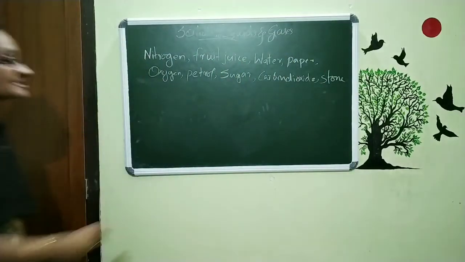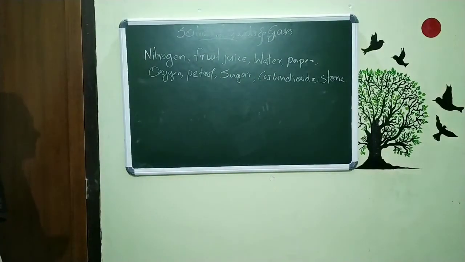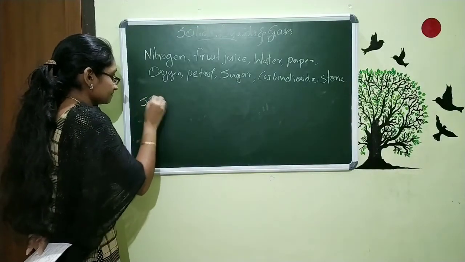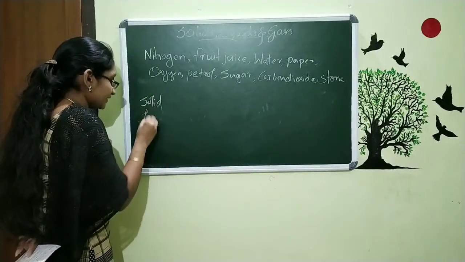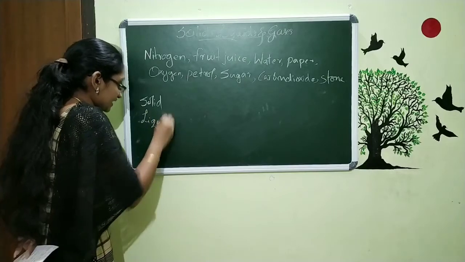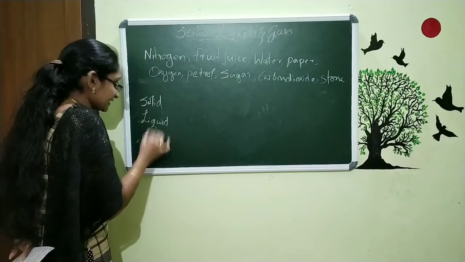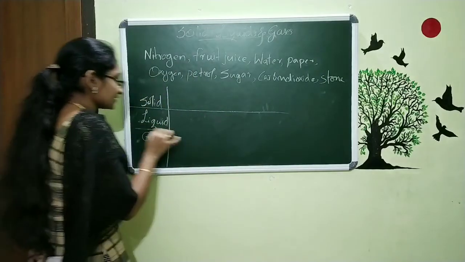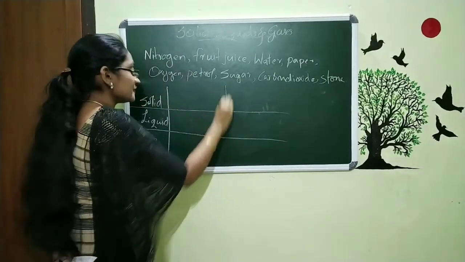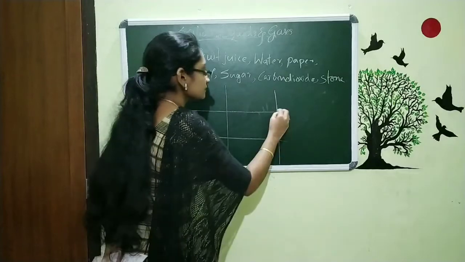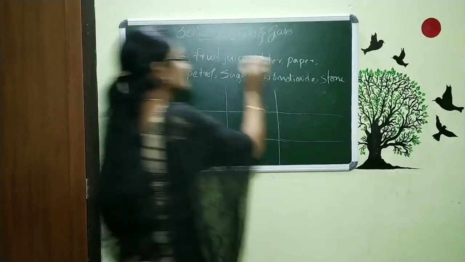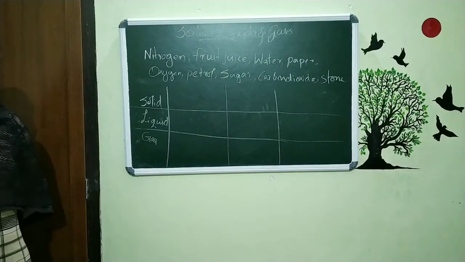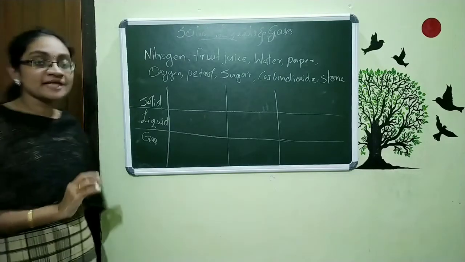So these are the things given in your textbook, and there you can see one table with solid, liquid and gas. A table is there, and you want to fill this with the examples. So just pause the video and fill that table in your textbook using a pencil.